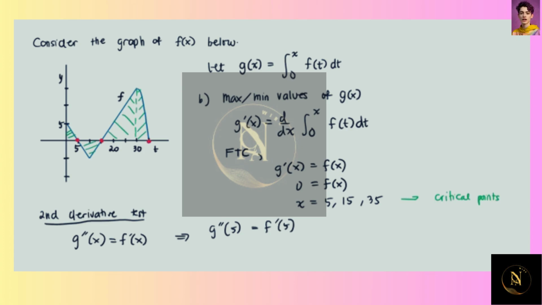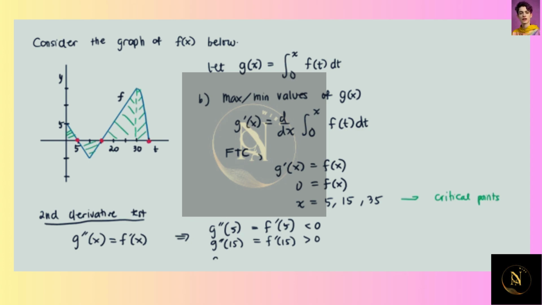And based on the graph, f prime is the slope of the line. Passing through x equals 5, that'll be negative, so this is less than 0. And g double prime of 15 is f prime of 15, and this is greater than 0 since the function is increasing there.